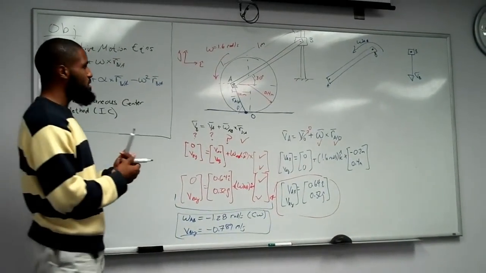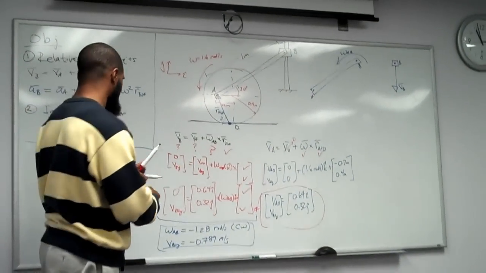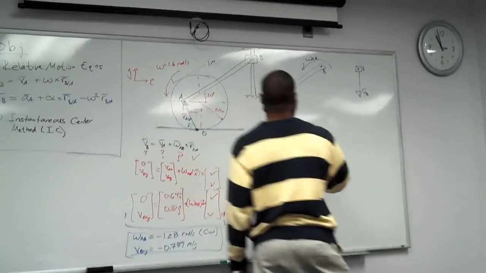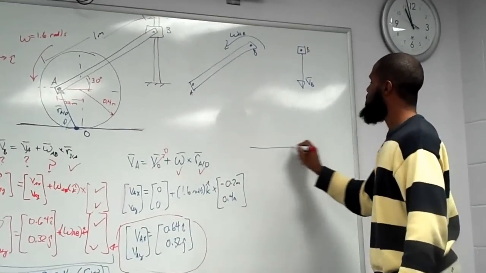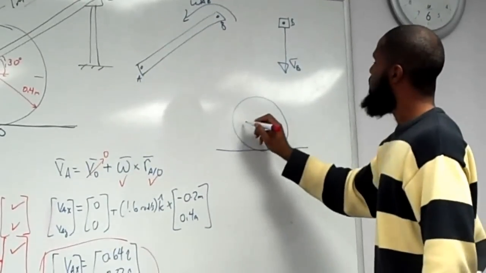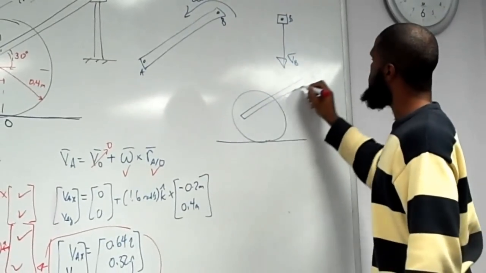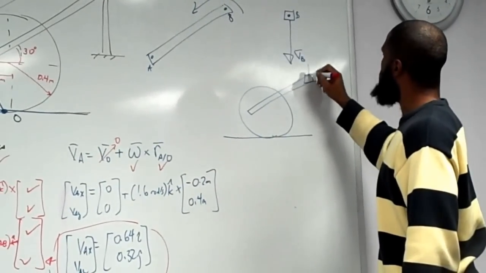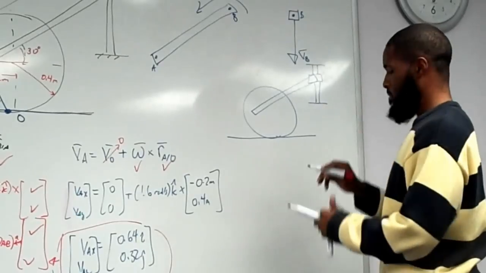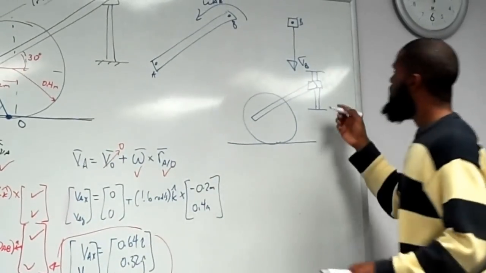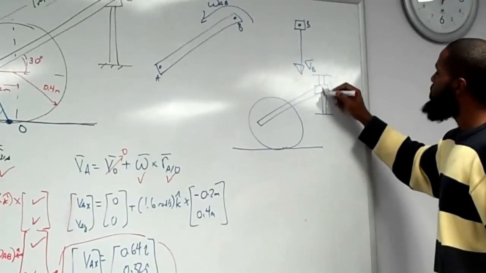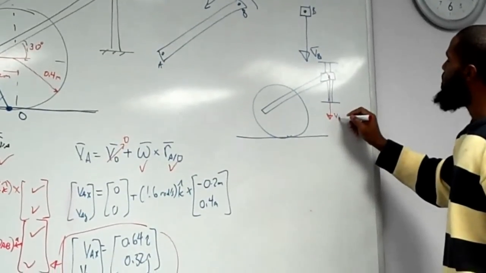Another quick and dirty method to solve this problem using the instantaneous center of zero velocity would be looking at the setup, the disk, the arm, connected to the slider. I know that the velocity at B is confined to move in this direction. So V_B.